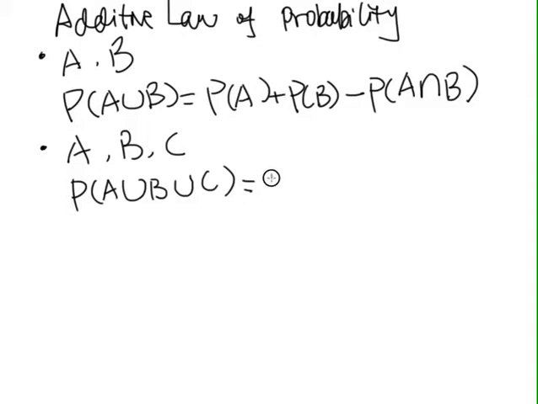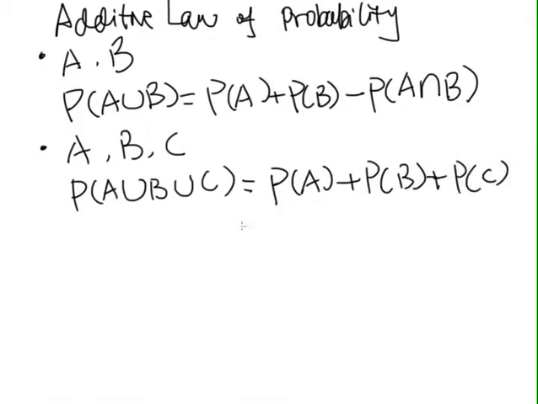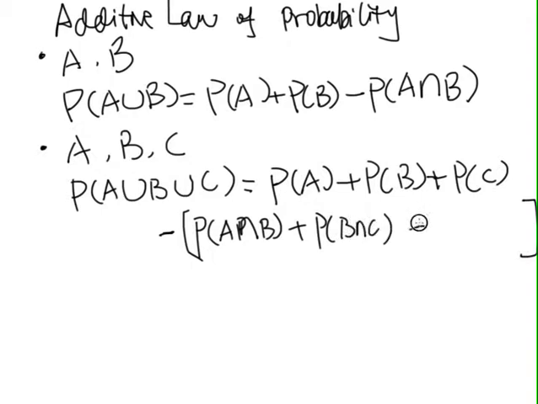First of all, you add the probabilities of one event, A, B, C, and then you subtract the probabilities of intersections of 2 events, which would be AB, and then BC, and then AC.